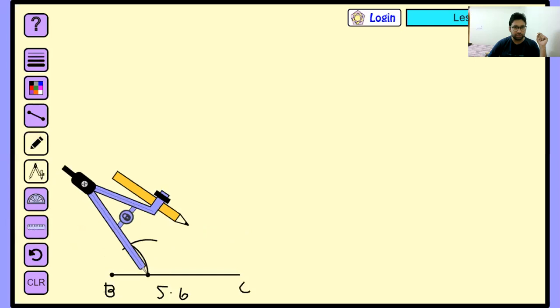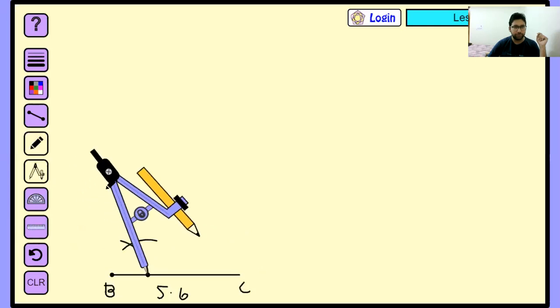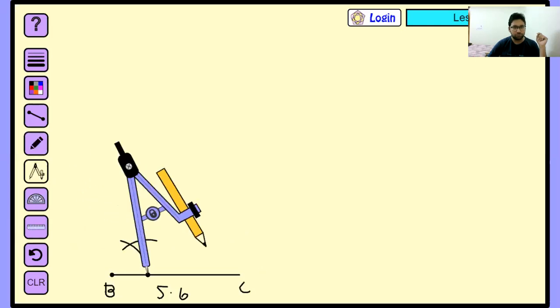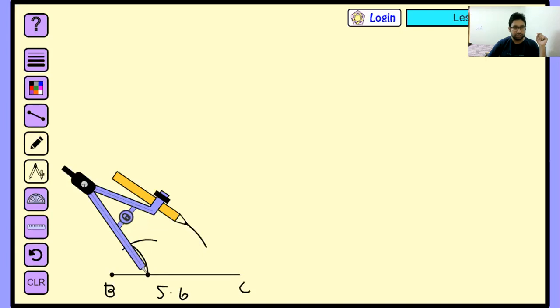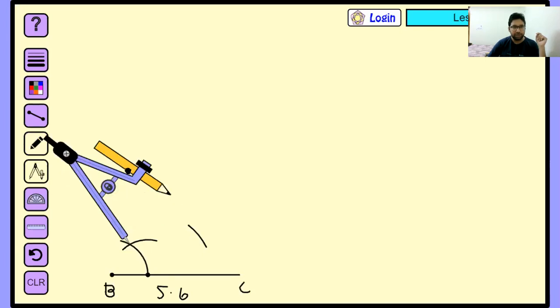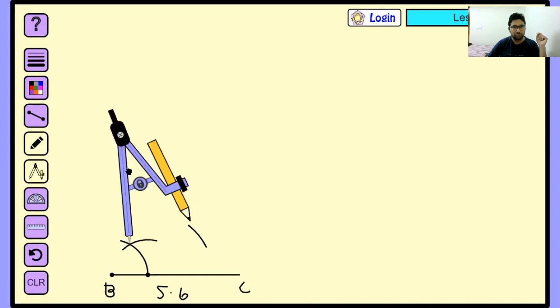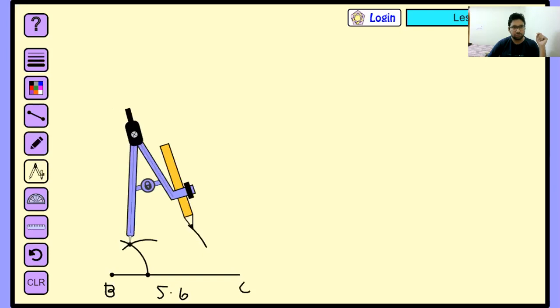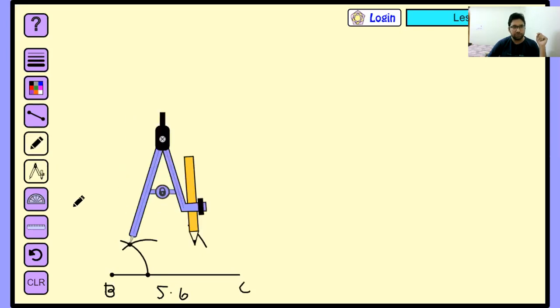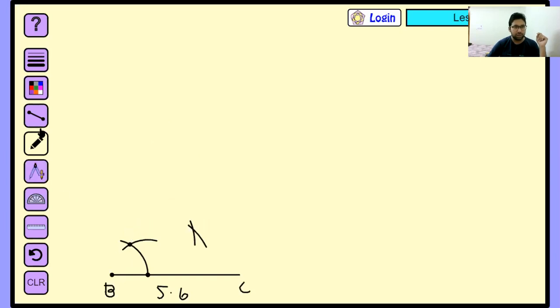So let us take the arc for 30 degree. Similarly, putting on the 60-degree angle and again taking the arc. So we have got it. This is the angle CBX.